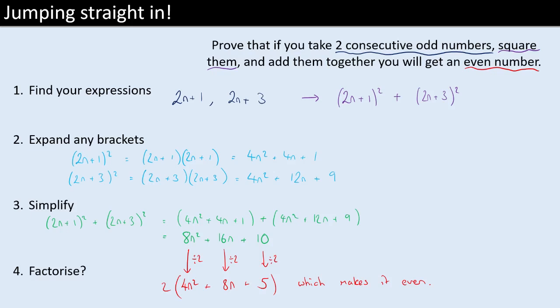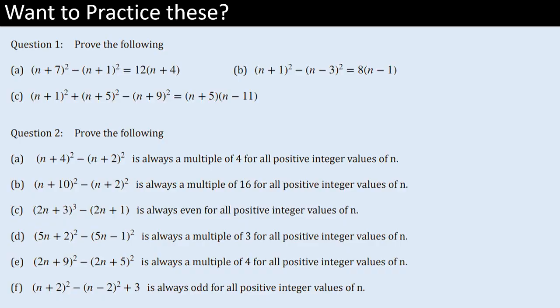There are two things that you could possibly practice depending on what tier of question you want to look at. You've either got these things here: here's an expression, I want you to do the algebraic work, the expanding, the simplifying, and the factorizing to get your answer.